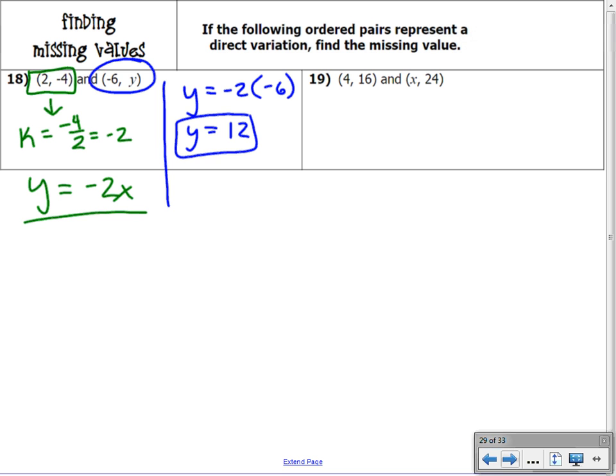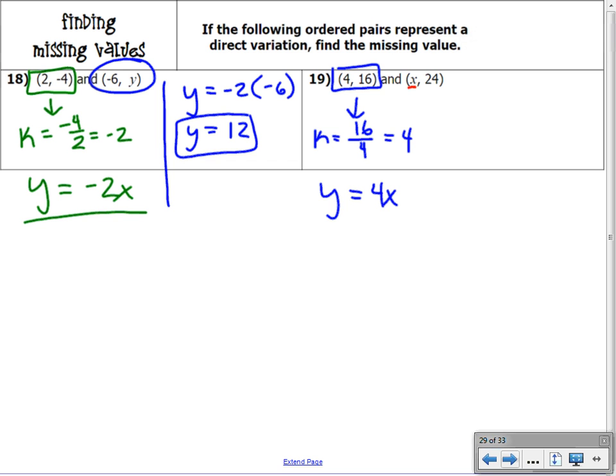Okay, let's look at one last example here. In this case, I'm solving for a missing value of x, but before we get there, we're going to start with the point that we know. We're going to take y divided by x, so 16 divided by 4. Our constant of variation is 4, which means our equation is y equals 4x. Now here's where we have to be careful.